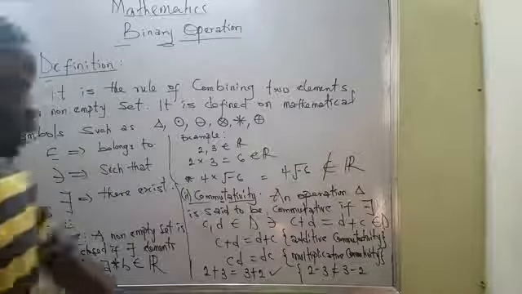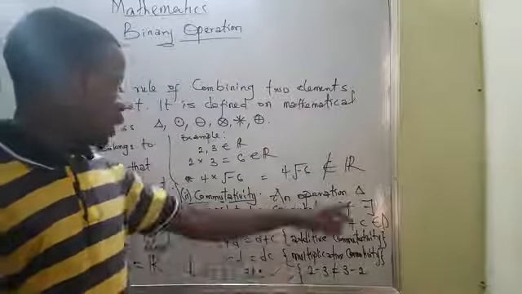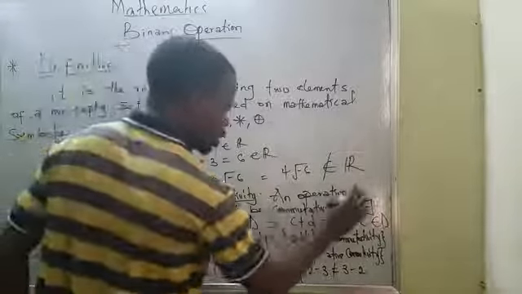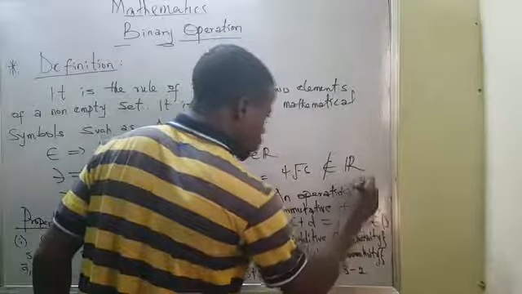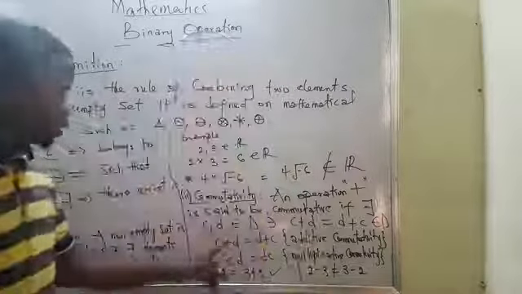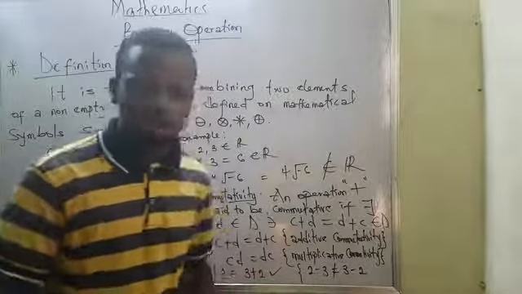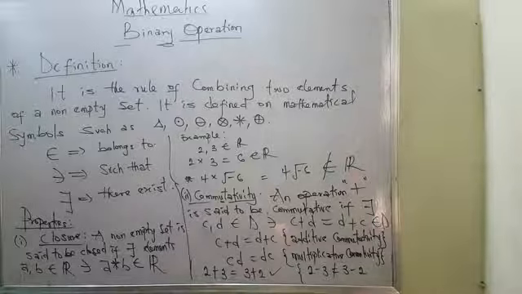So this means if I put minus here, in fact, let me use operation plus. So if you have minus here, they are not commutative. You get? So let's leave this. Let's go to the next property.